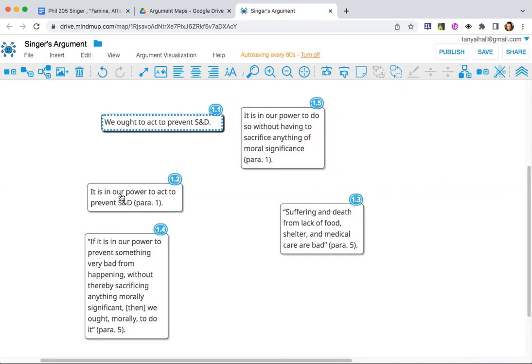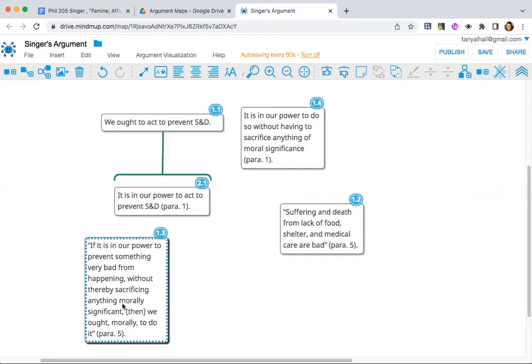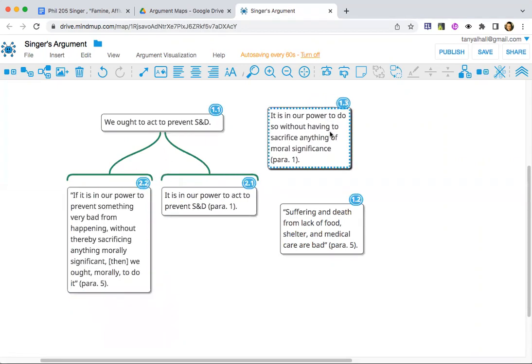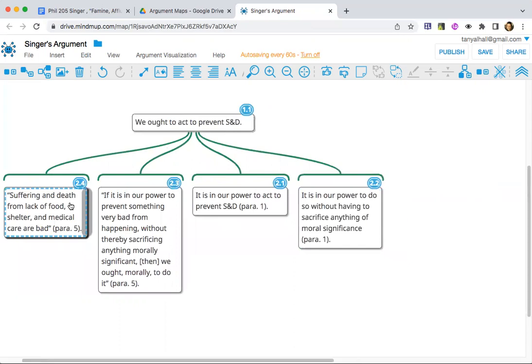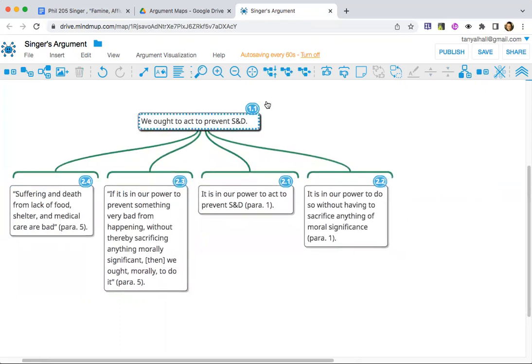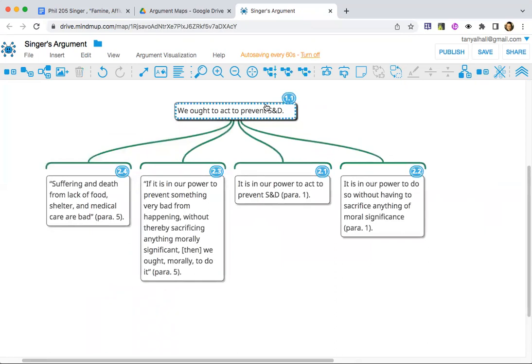And it's nice that you can drag and drop premises onto a box and compare the different ways of mapping it. So if we drop them each onto the conclusion itself, it will automatically make them independent premises. And it doesn't matter logically what order they're in. It's nice when they're in the order you meant them to be in, or in an order that makes sense to read it. But maps aren't for communicating arguments to each other.